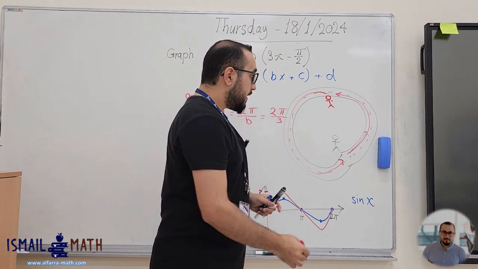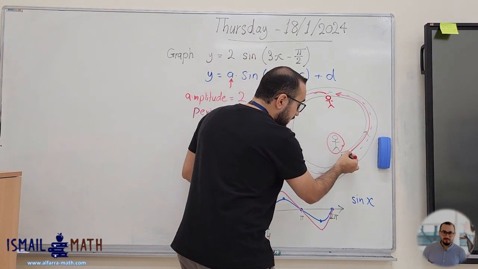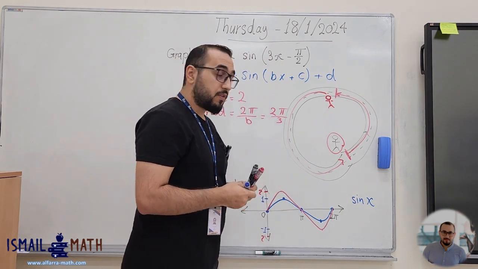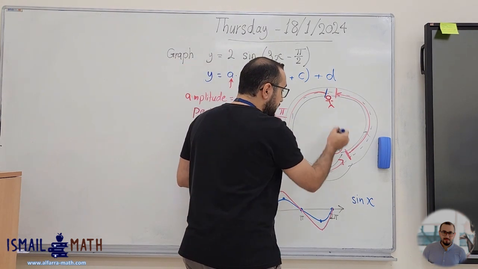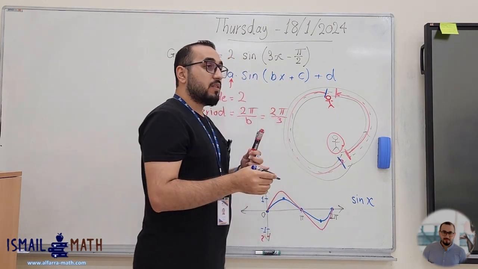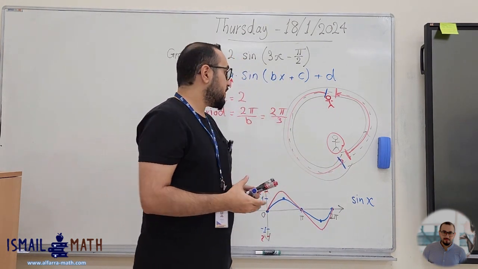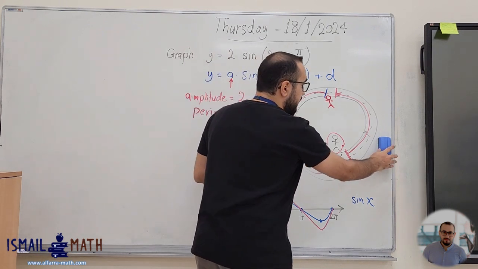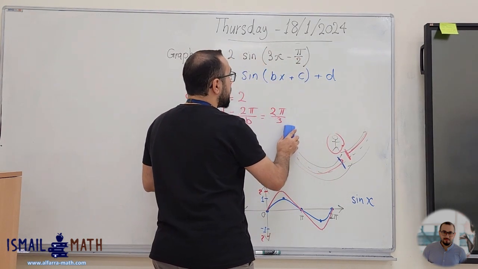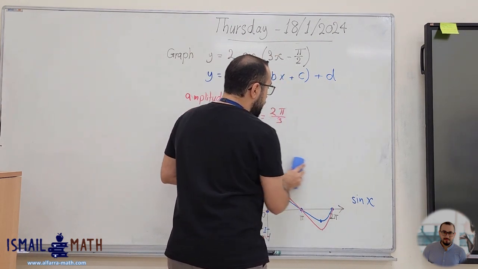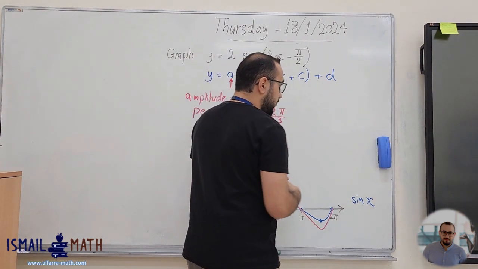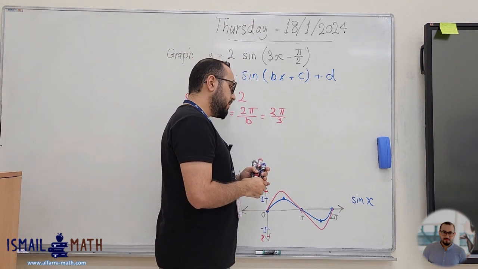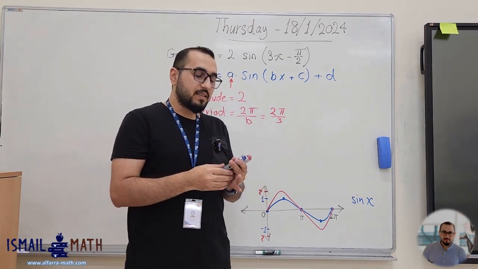The period for this person starts from here and ends here, but the period for the second person starts from here and ends here. So the period is different depending on b. We know the period is normally 2 pi, but because b here is 3, the period will be 2 pi over 3.